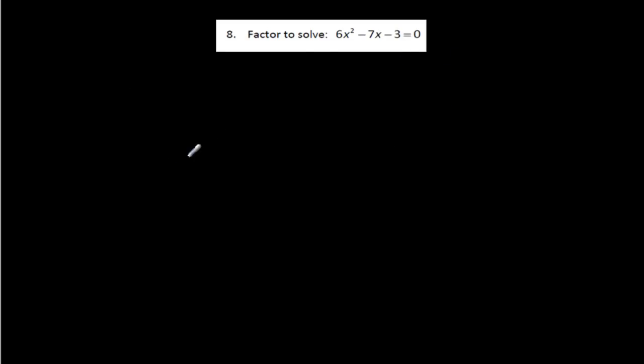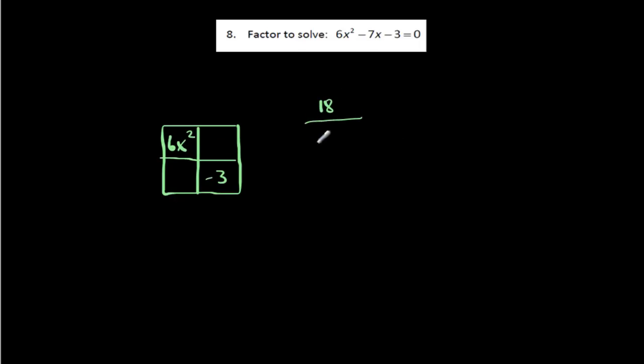Number 8, factor to solve. So we already know that it's factorable, or else it wouldn't say that. So let's use the box method. 6 times 3 is 18. We're going to do 2 and 9 because they have a difference of 7. The different signs, the larger one is negative. So we're going to have 2x and negative 9x.